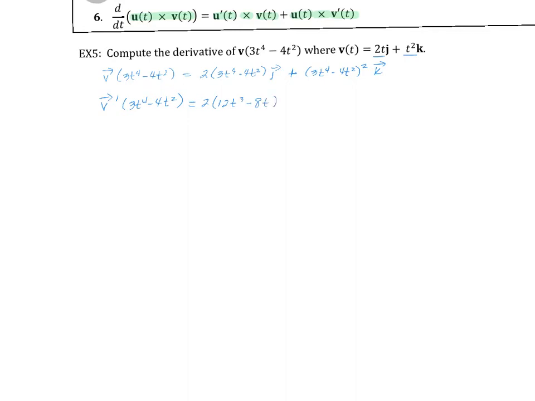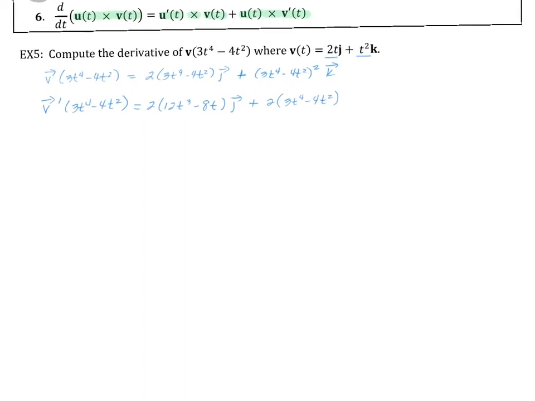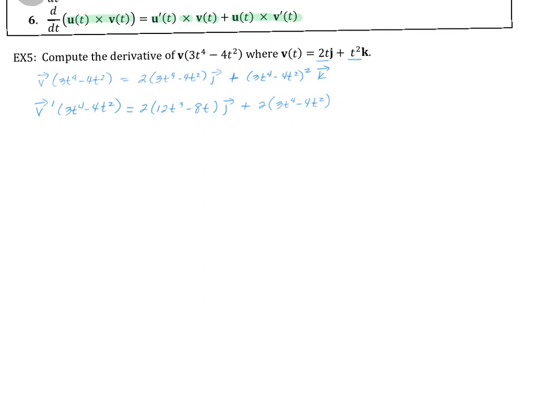And that would be my coefficient on j, plus, so we have to use the chain rule on this next part. The 2 exponent 2 comes out in front. The 3t to the 4th minus 4t squared stays the same, minus 1 from the exponent, times the derivative of the inside, which would be in parentheses 12t to the 3rd minus 8t.